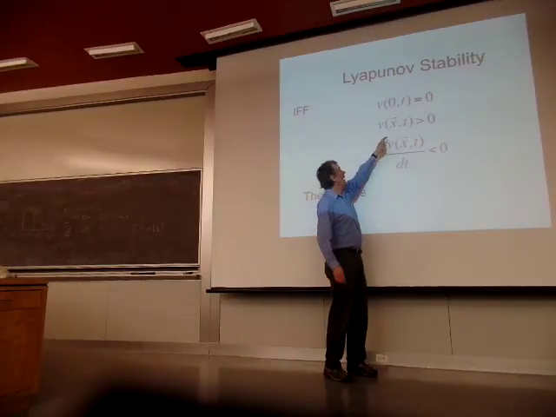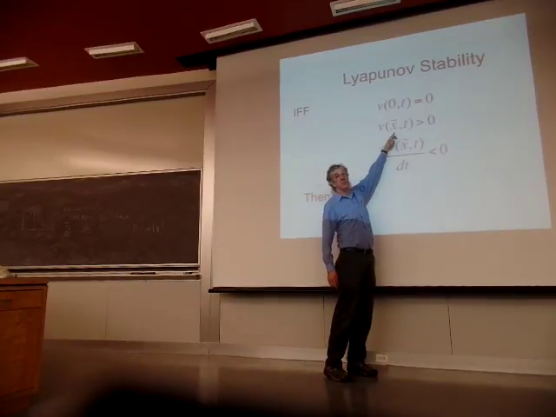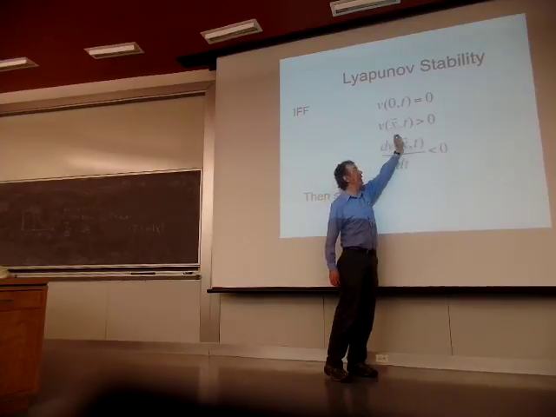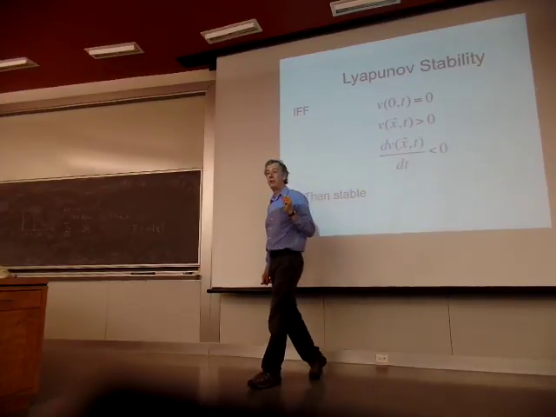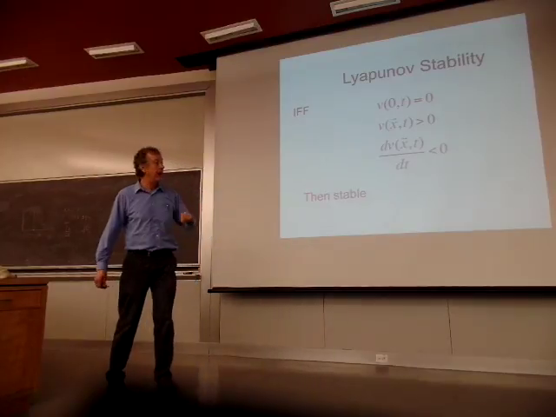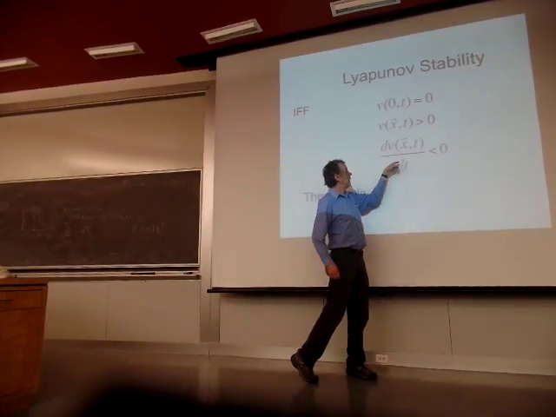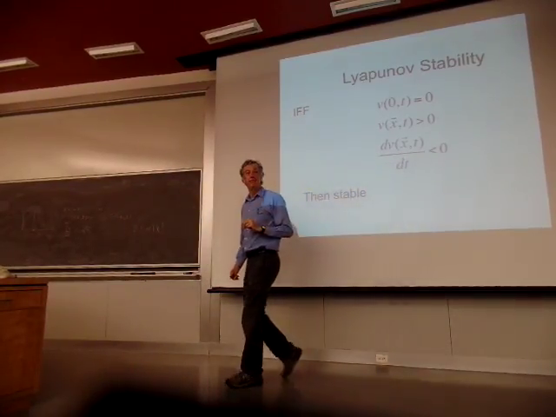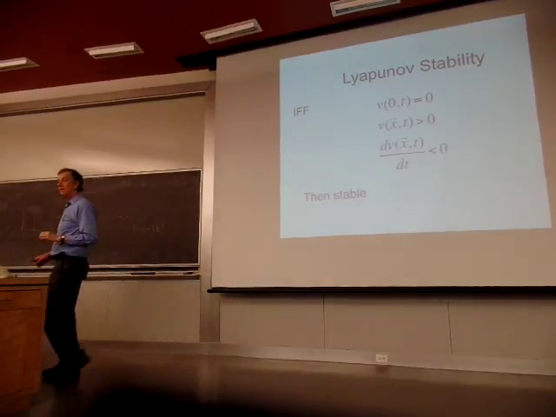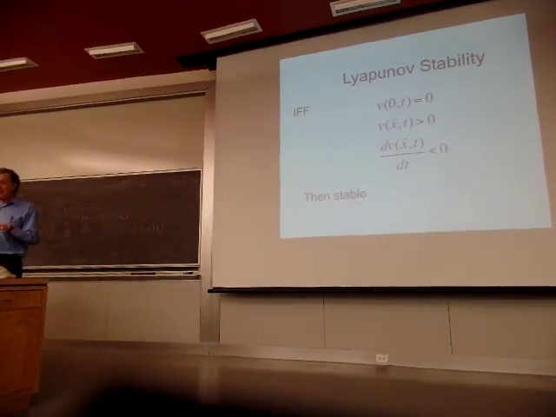For any value of any state, any kind of Lyapunov function must be greater than 0, must be positive. And the derivative of it over time must be negative. Make sense? So energy is a great example of this. It fits all those criteria.